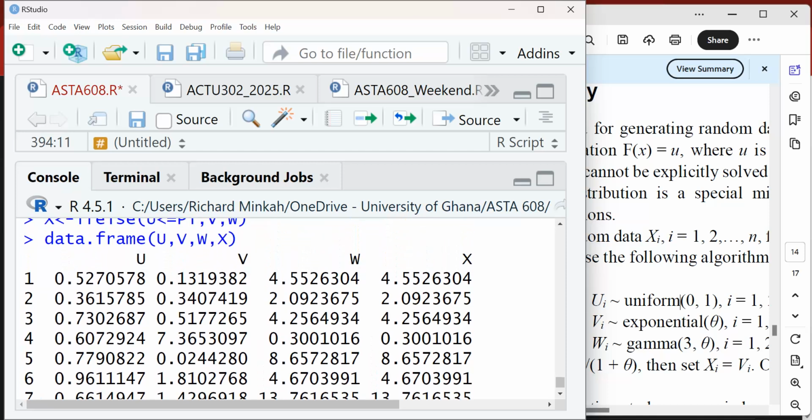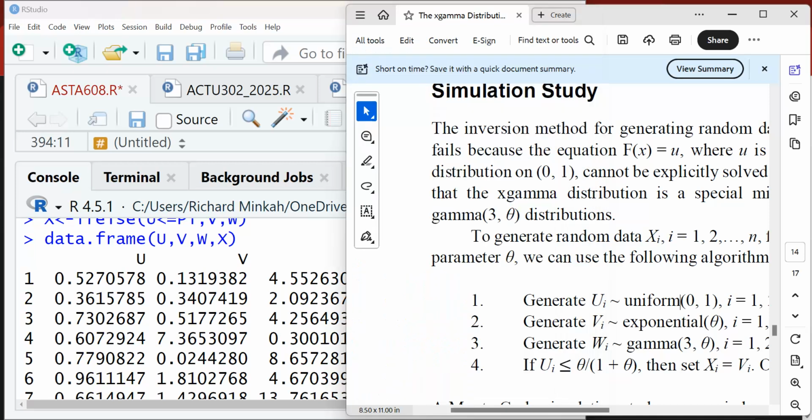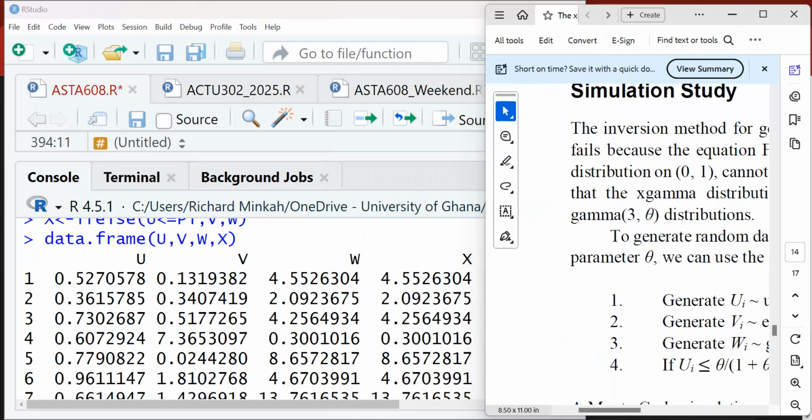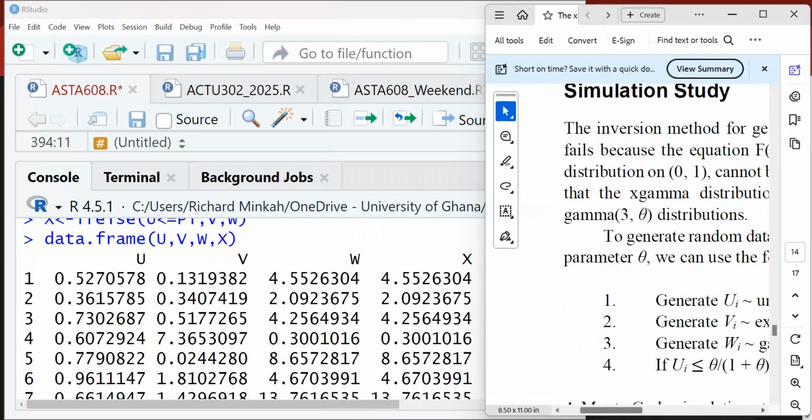So the first one, U is 0.53. Is it less than 0.33? No, we are looking at this one. I'm putting this one aside because that's where we are going to look at it.